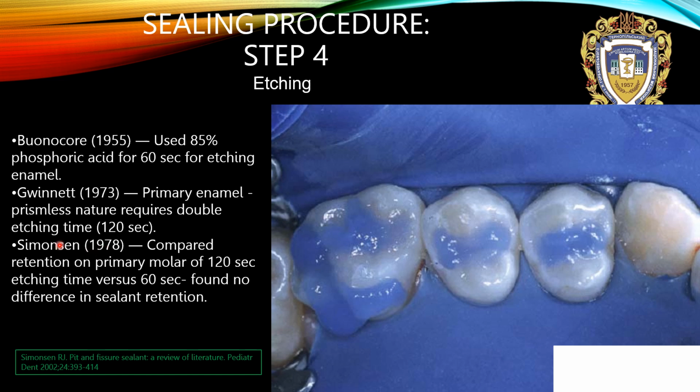But Simonsen in 1978 compared retention on primary molars of 120 seconds etching time versus 60 seconds and found no differences in sealant retention.